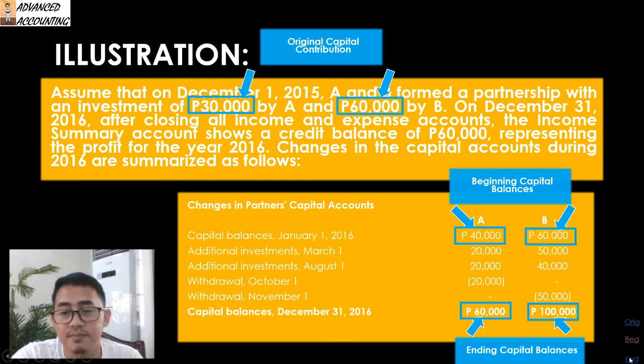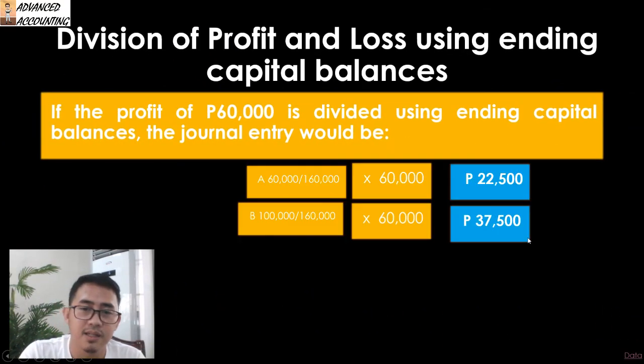So meaning, let's go back. Okay, so this is the computation. So 60,000 for A, 100,000 for B, over 160,000 pesos, the sum of the ending capital balances. You multiply that by 60,000, which is the net profit, and you'll arrive at, for A, 22,500 and for B, 37,500.